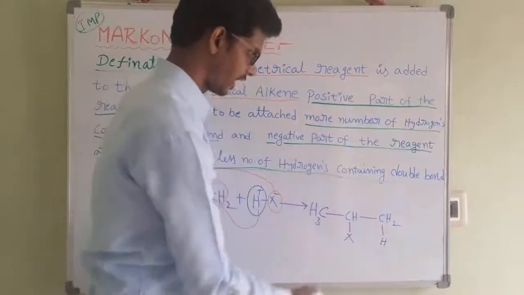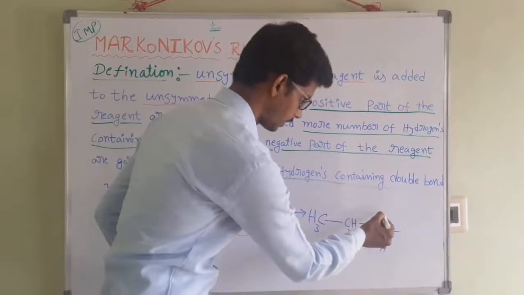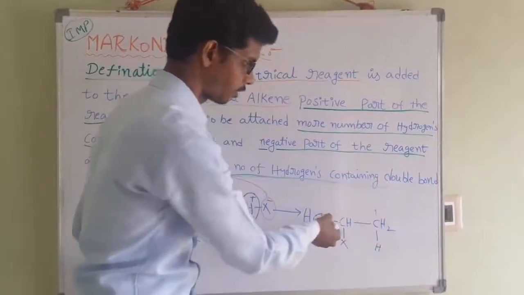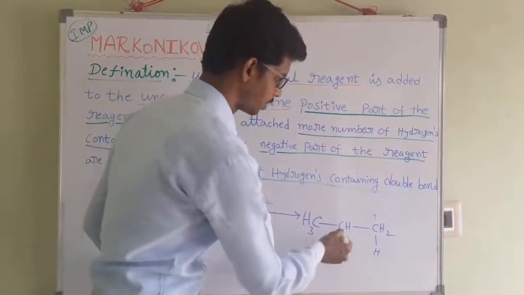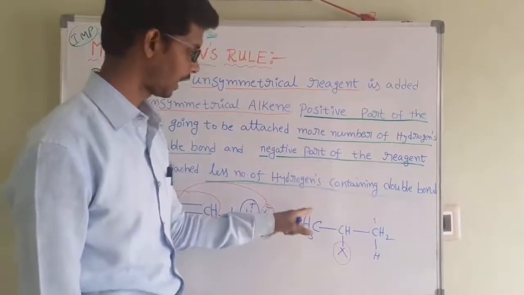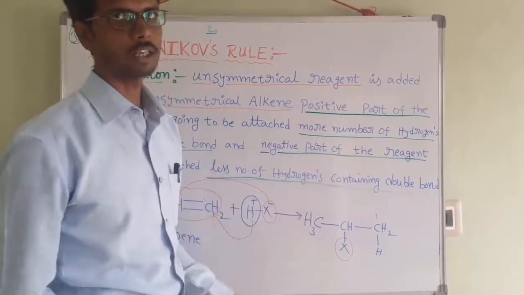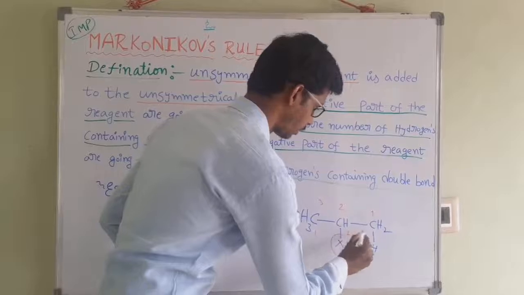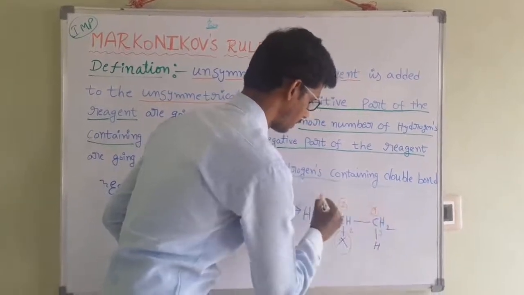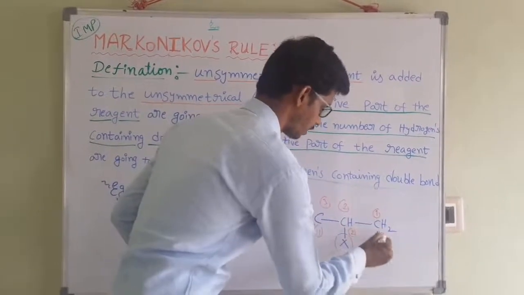Let us see its name. You can start numbering from right to left or left to right, whatever it may be, because the halogen gets the second position either way. 1, 2, 3 or 1, 2, 3, whatever it may be, that is right.